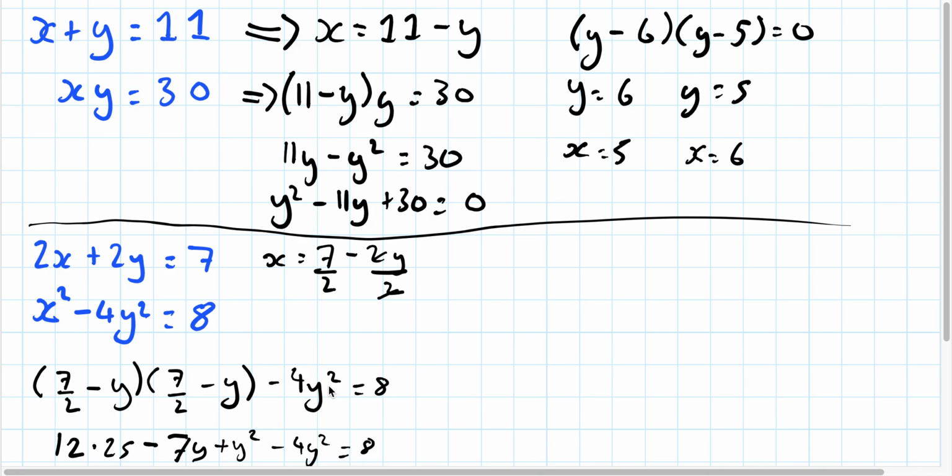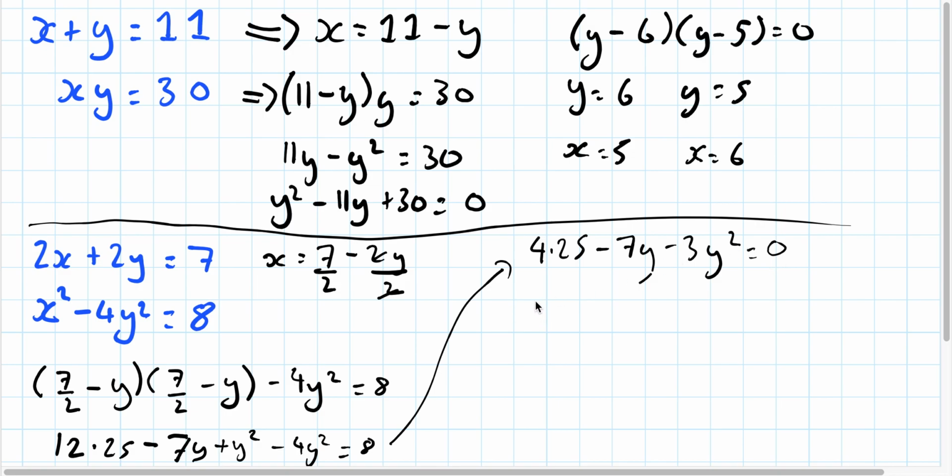Okay, so I'm going to rearrange everything. I'm going to collect the like terms and then rearrange it to get a quadratic. So if I take the 8 over to the other side, it'll be 12.25 minus 8, which is 4.25, minus 7y, and then y squared minus 4y squared gives me minus 3y squared equals 0.